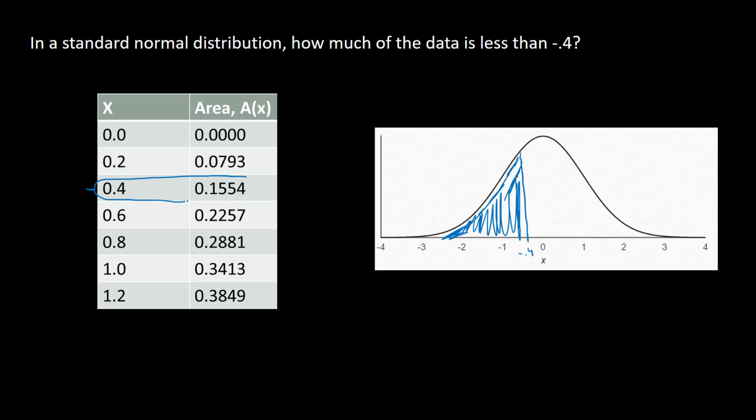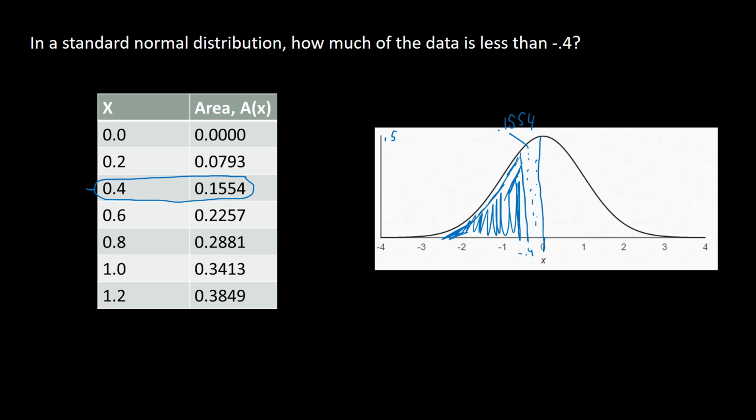So looking here at this area, we know between negative 0.4 and 0 that this area is going to be 0.1554. So if we know the entire area on the left side of the graph, from 0 all the way to the left, is half of the graph, that's going to be 0.5.